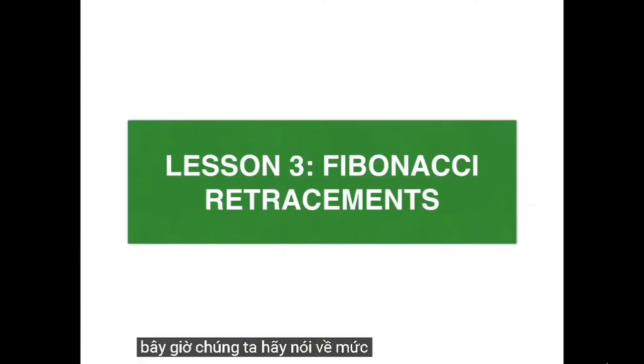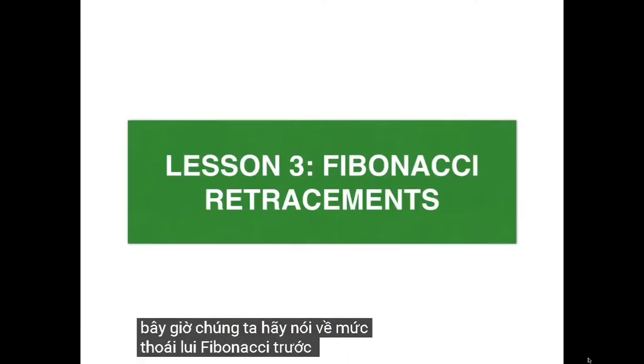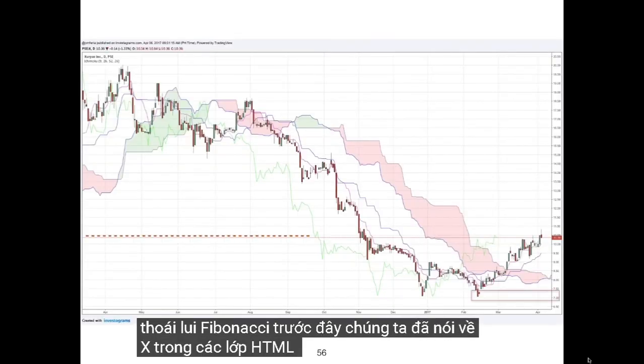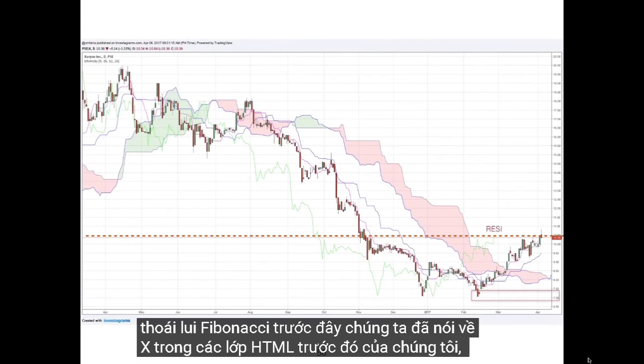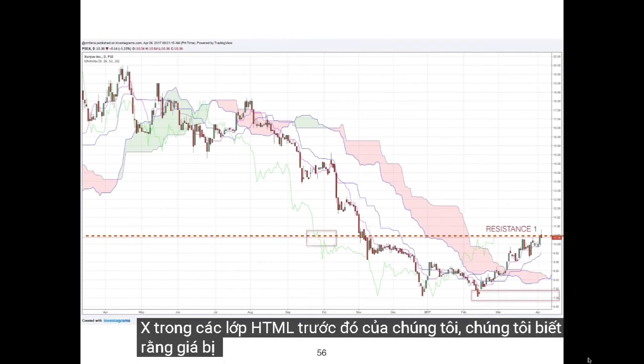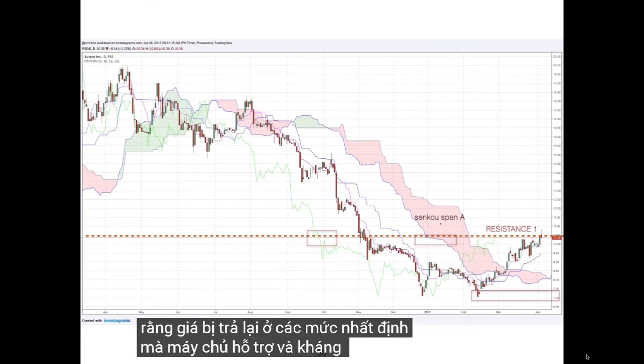Now let's talk about Fibonacci retracements. Previously, we talked about support and resistance in our earlier Ichimoku classes. We know that prices bounce off certain levels which serve as supports and resistances.